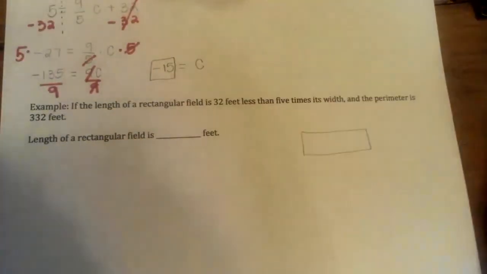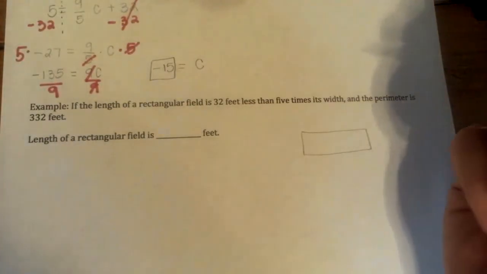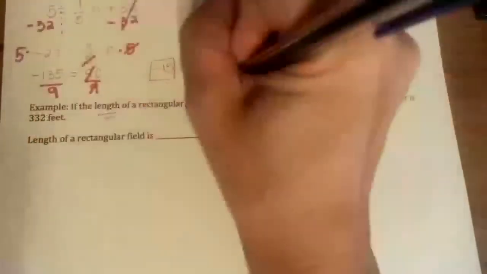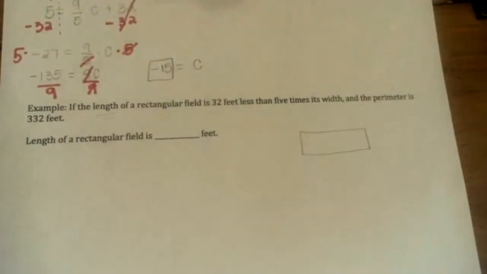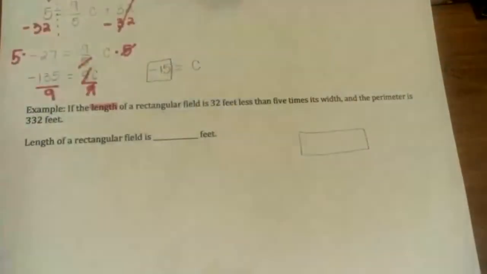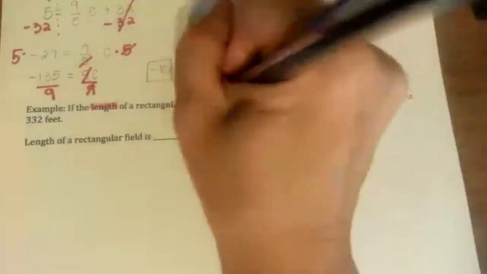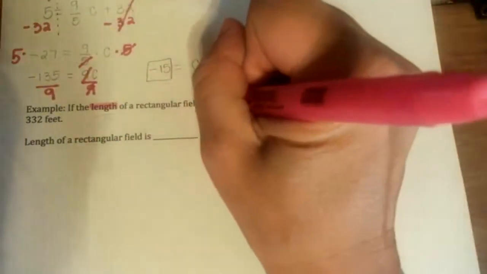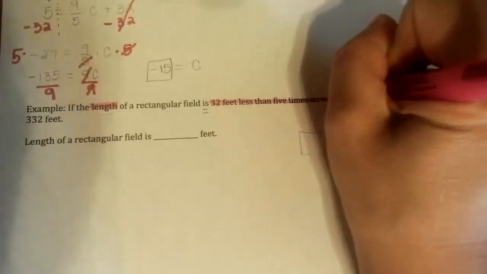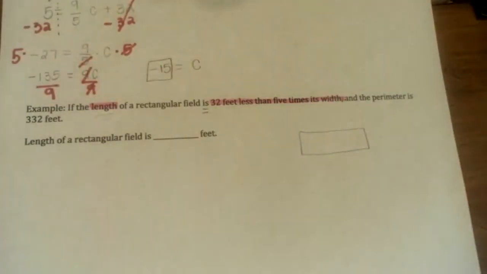All right. It says that the length equals 32 feet less than 5 times its width. So be very careful with the way it's worded.